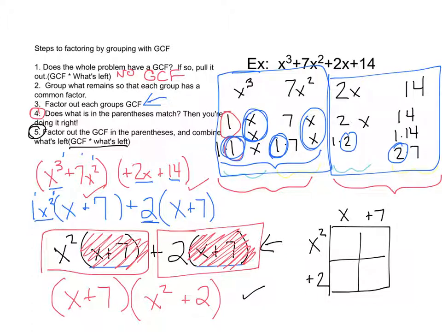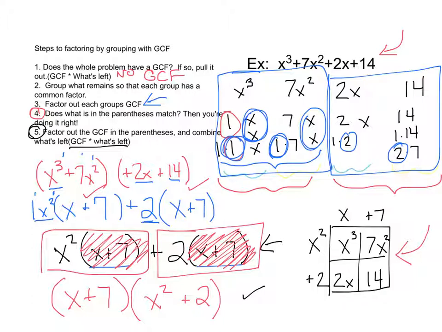X times x squared gives us x cubed, 7 times x squared gives us 7x squared, 2 times x gives us 2x, and 2 times 7 gives us positive 14. I can now look at these four values and compare them to my original problem. If the four values in my box match the original problem, we know we've done it correctly.